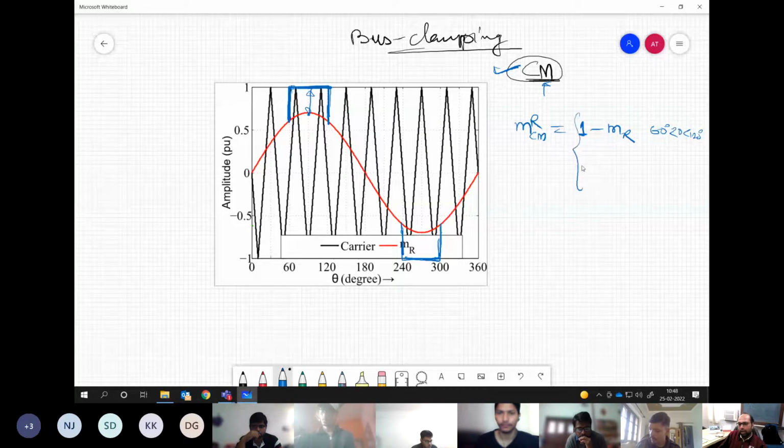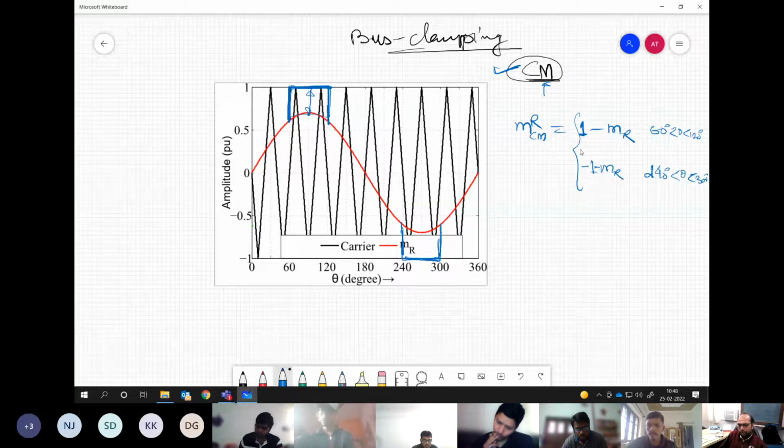And similarly on the negative side, it will be -1 minus MR for 270. So here it goes from 240 to 300 degree. This will be the common mode, which is resulting after the R phase. You understand my point?